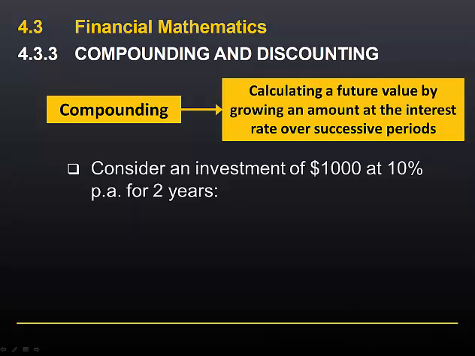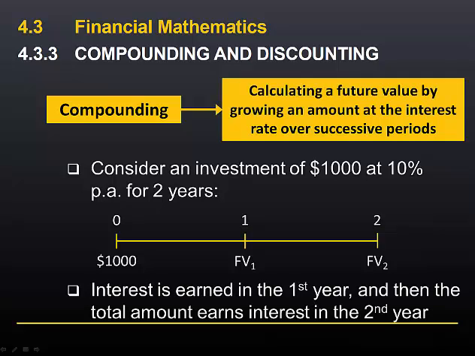Consider an investment of $1,000 at an interest rate of 10% per annum for 2 years. Interest is earned in the first year, and then the total amount, the original $1,000 plus the interest earned in the first year, earns interest in the second year, and so on.